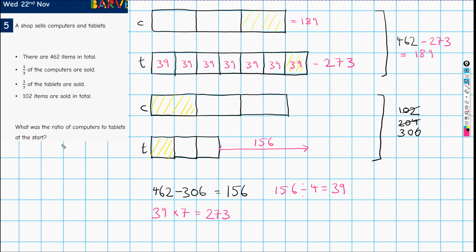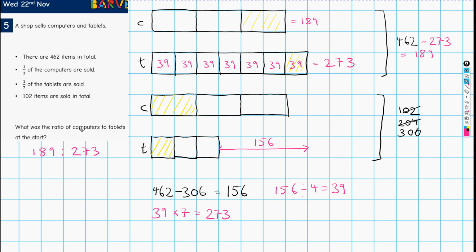Now let's go over to here where we need to write our answer. So the ratio of computers to tablets, we're going to write it that way around. So computers is 189 to tablets, that's 273. And then you need to think, could you simplify that in any way?